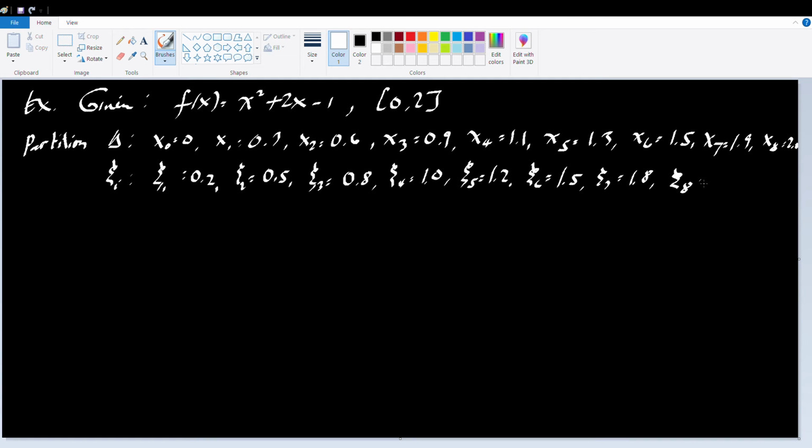And c sub 8 is 2. Now, based on this partition delta and set of points c sub i, find the Riemann sum R.